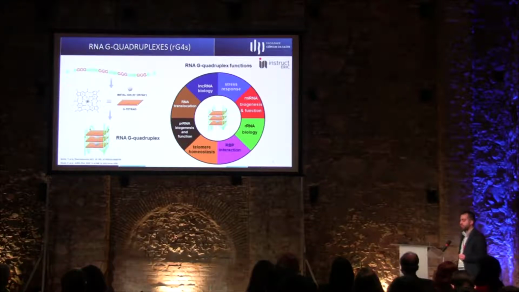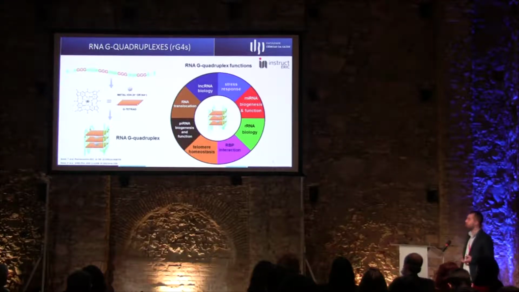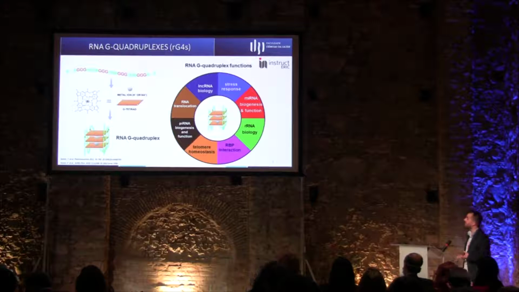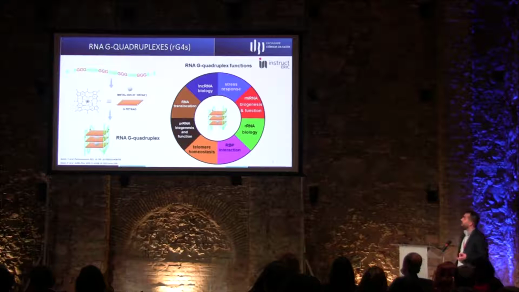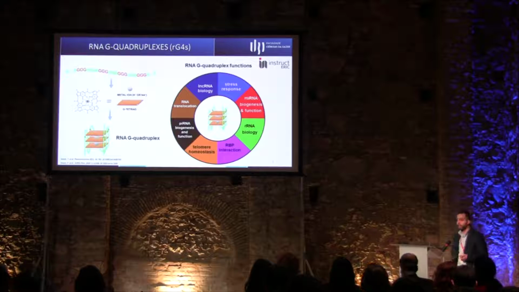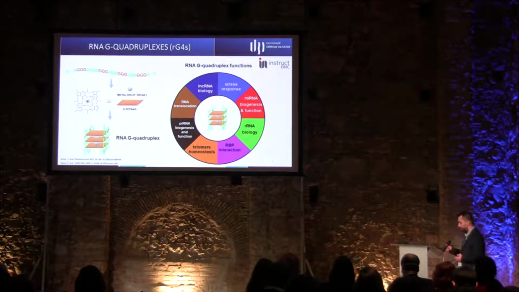Regarding their functions, RNA G-quadruplexes are involved in many cellular processes, such as telomere homeostasis, stress response, RNA translocation, interaction with RNA binding proteins. RNA G-quadruplexes also play a fundamental role in microRNA biogenesis, an important pathway to regulate gene expression.